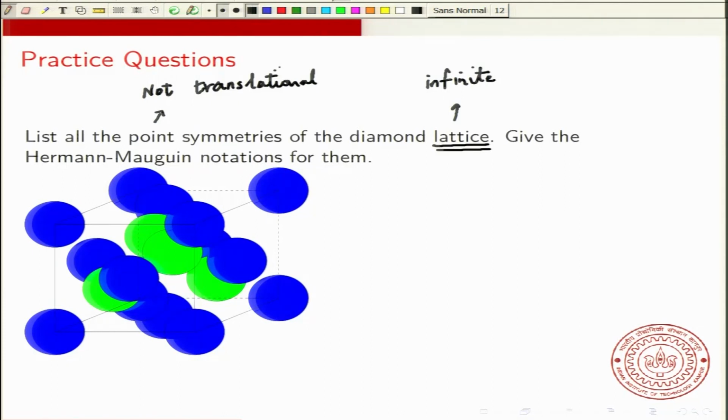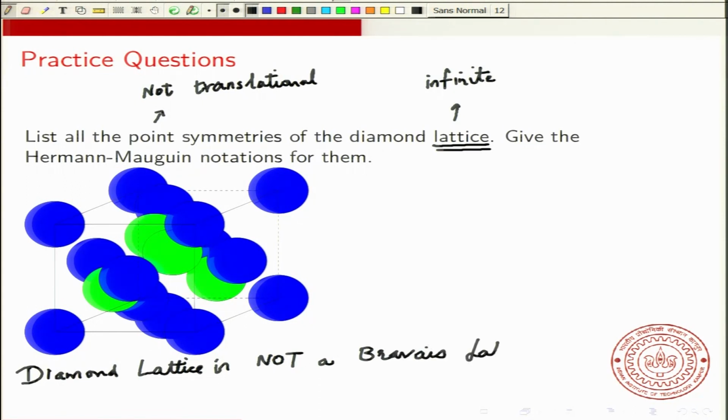Also, we should keep in mind two things. The diamond lattice is not a Bravais lattice. And the other thing to keep in mind, which you can see from here, is that this unit cell, the conventional unit cell, that is the diamond cell shown as a cube, has a total of 8 atoms.